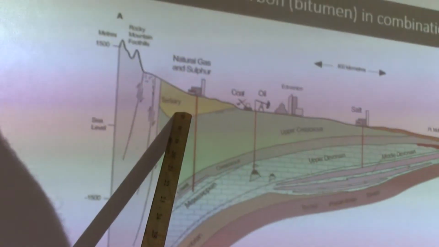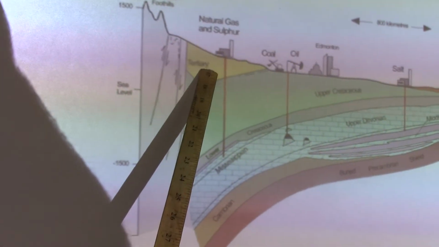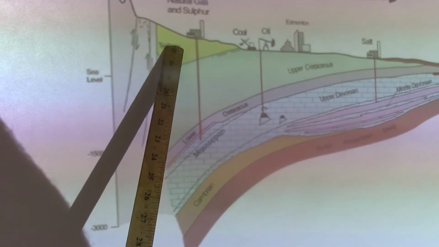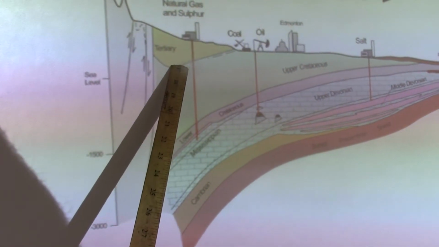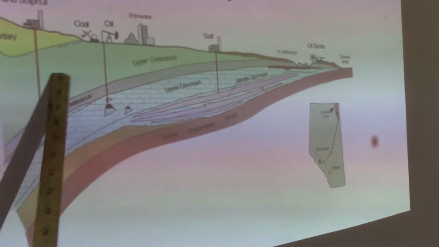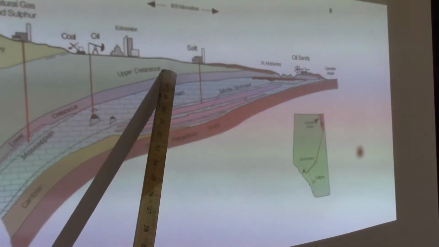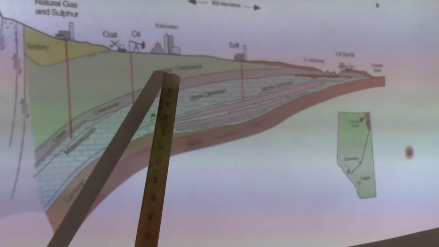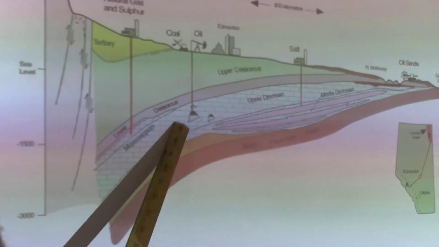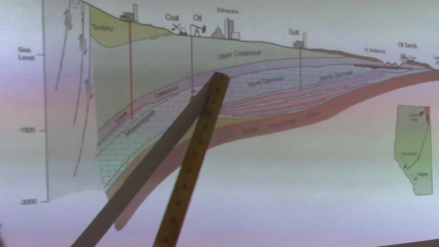This is the Tertiary period, so this is rock layer that's been deposited since the age of the dinosaurs ended. This is Cretaceous bedrock, sedimentary rock deposited from inland oceans. Most of our oil and gas plays are from the Devonian era during the hothouse Earth period.